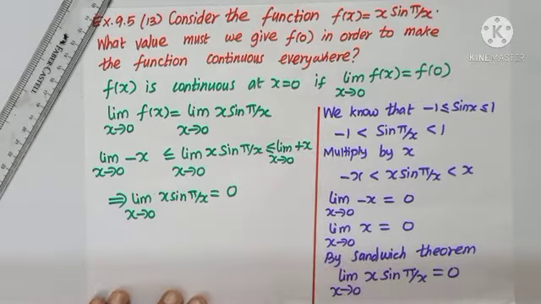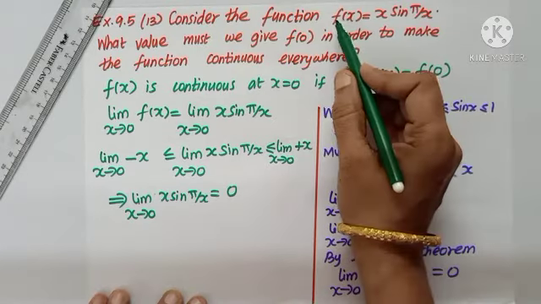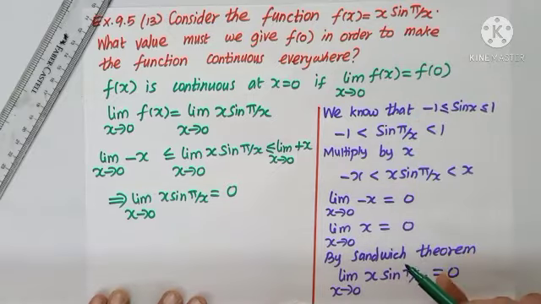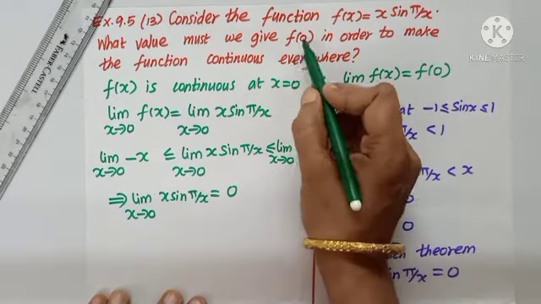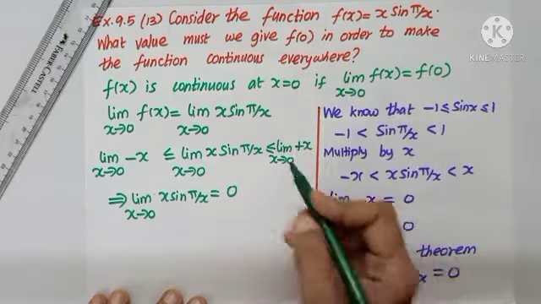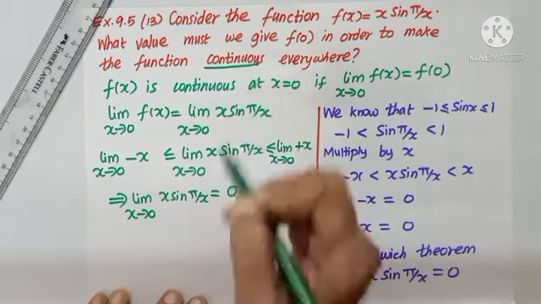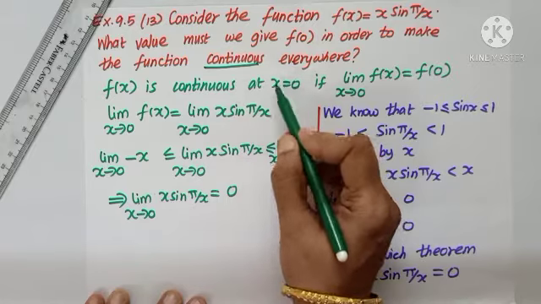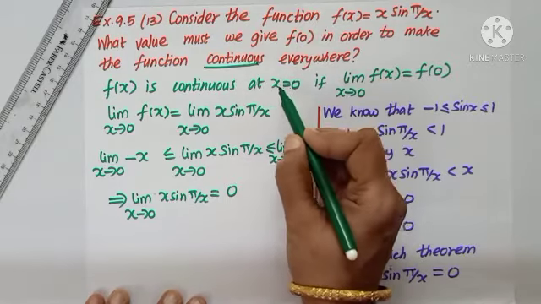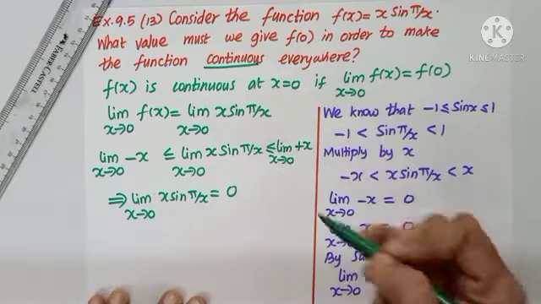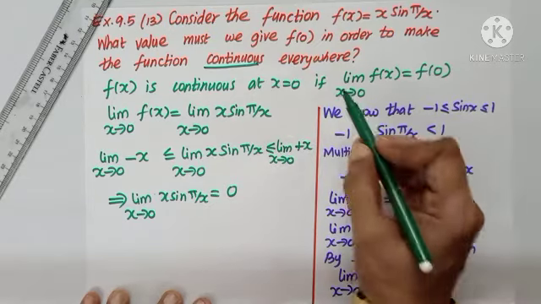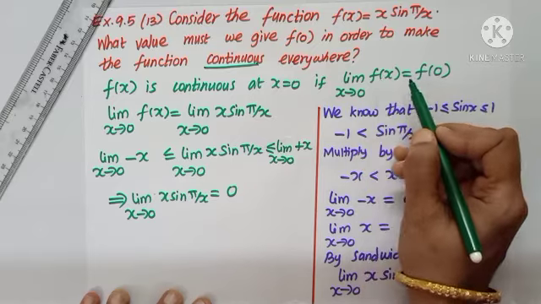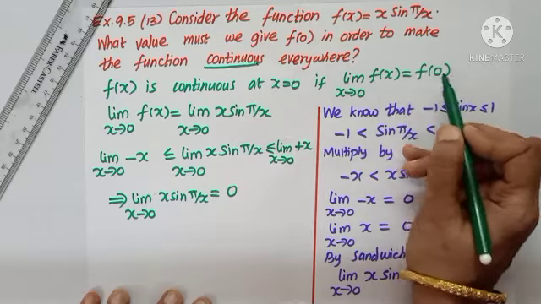So, coming back to the main part of the question. My question is f of x equals x sine pi by x. They want us to find f of 0. The given word is continuous. Whenever I say f of x is continuous at some particular point, at x equal to 0, the limit x tends to 0 of f of x should be equal to f of 0.